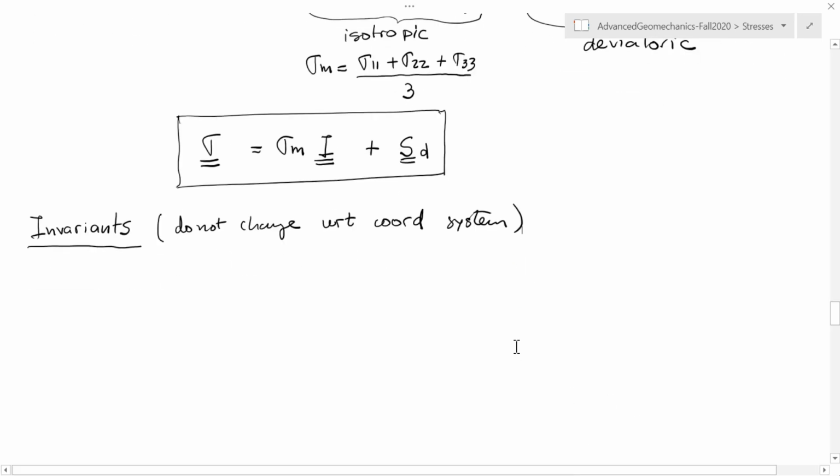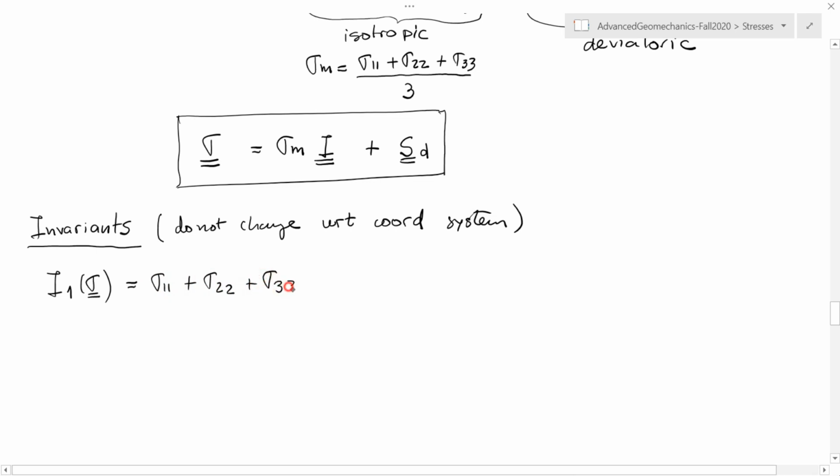And let's go and start with the first invariant. Invariant number 1 of the stress tensor is equal to the summation of the terms in the diagonal.